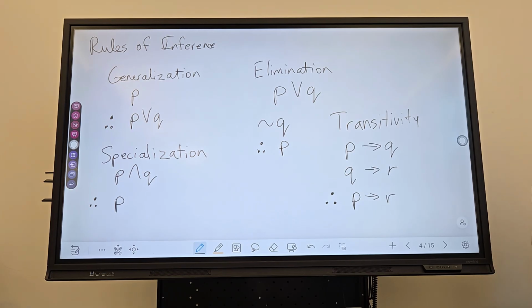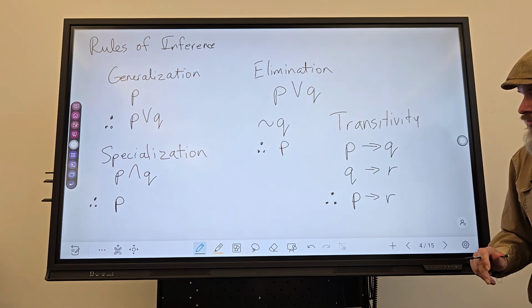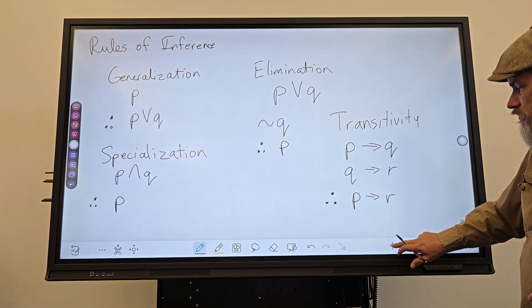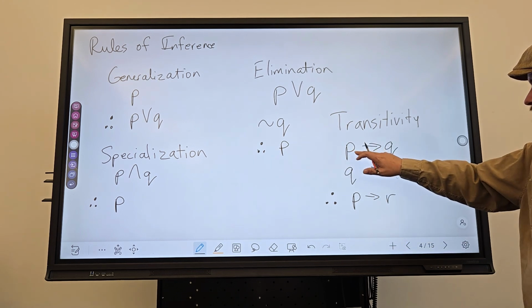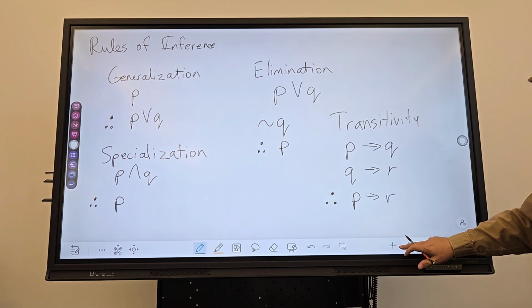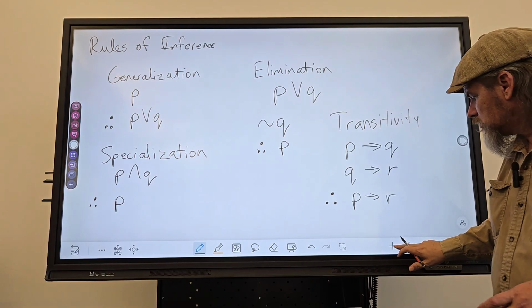I skipped over this in the last class. But yeah, P implies the last. The first one implies the last one through transitivity.